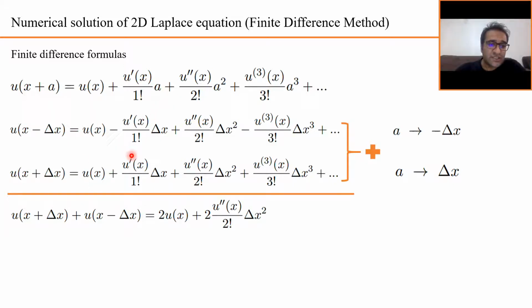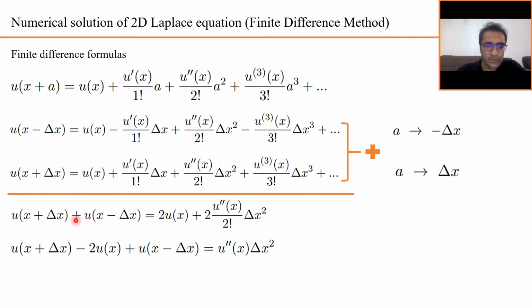Then the first derivatives will cancel each other, but the second derivative will remain, and we have 2 times the second derivative divided by 2 factorial multiplied by delta x squared. And also the third derivatives cancel each other, and we neglect the higher order derivatives because we say that delta x is a small value, and so we neglect the higher orders of delta x. And if I bring this part to the left, what I have is u(x plus delta x) minus 2u(x) plus u(x minus delta x).